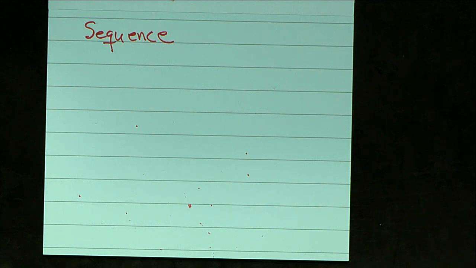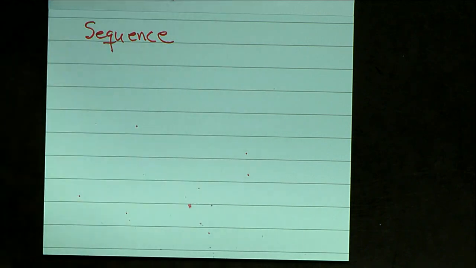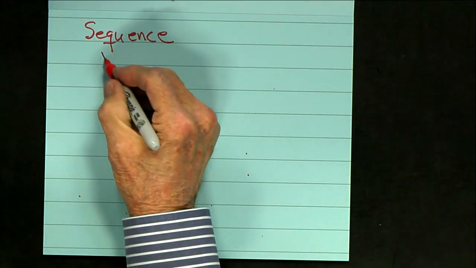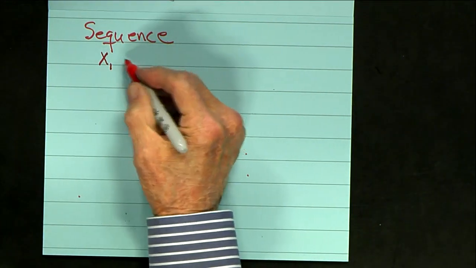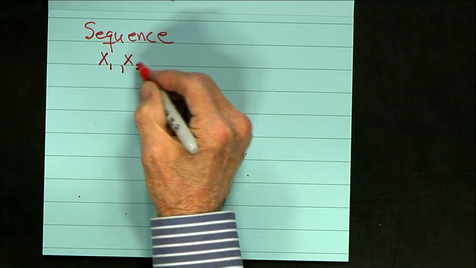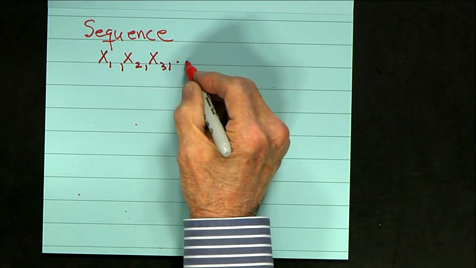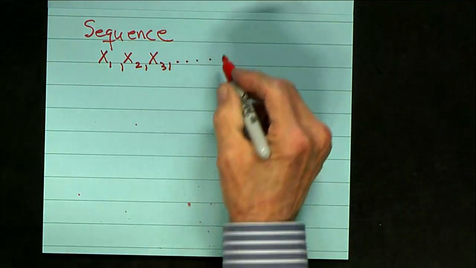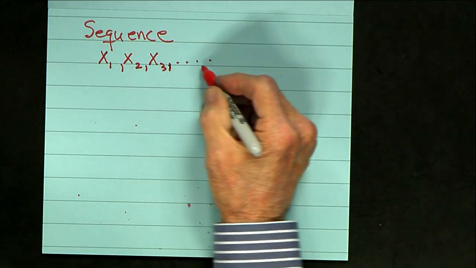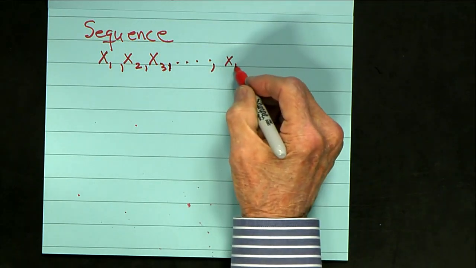Well, we've done that for Bernoulli processes, right? A series of, yes, a sequence: X1, X2, X3, up to Xn.